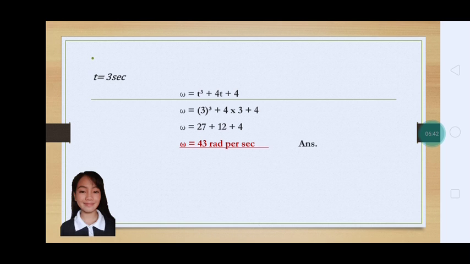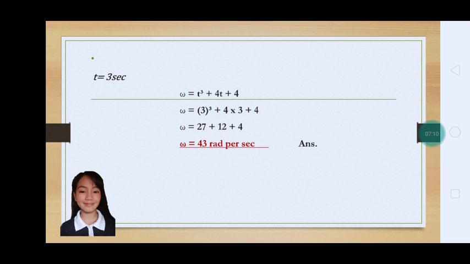To get the exact answer of the omega, omega is equal to t cubed plus 4t plus 4, the earlier answer. So, to get the exact answer, we substitute every t with 3 seconds.